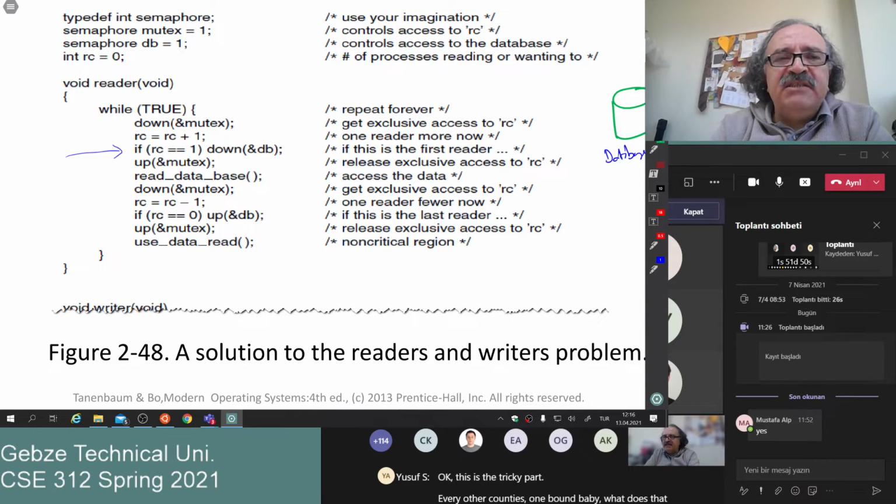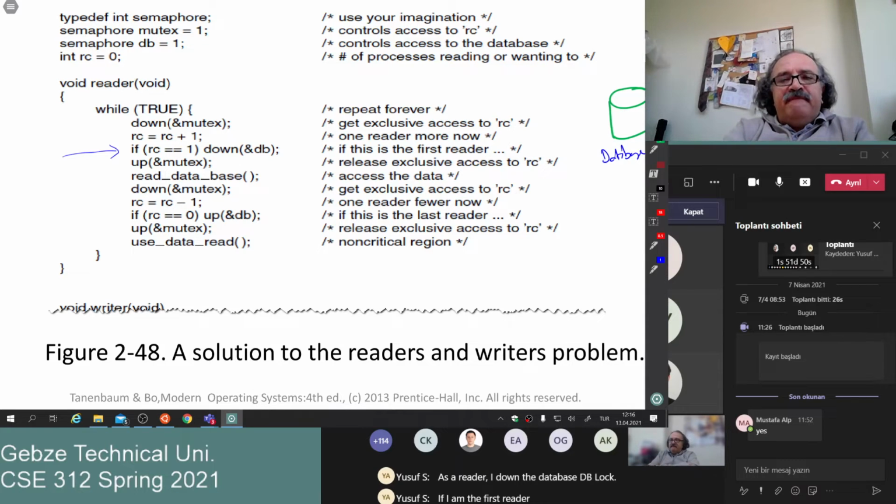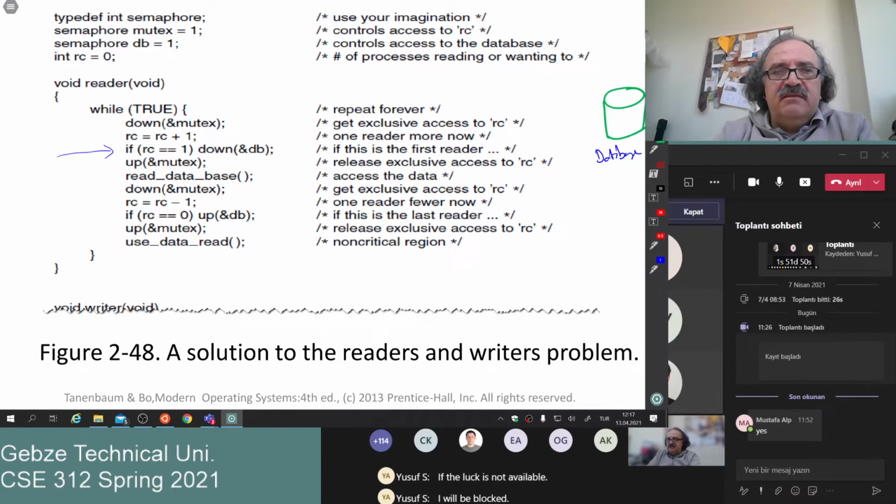If reader count is 1, down DB. What does that mean? As a reader, I down the database lock only if I am reader number 1. That's what it means, right? As a reader, I down the database DB lock if I am the first reader to go in. If the lock is not available, I will be blocked in this critical region.